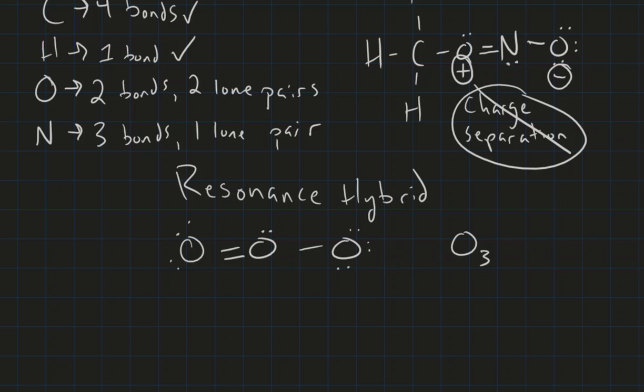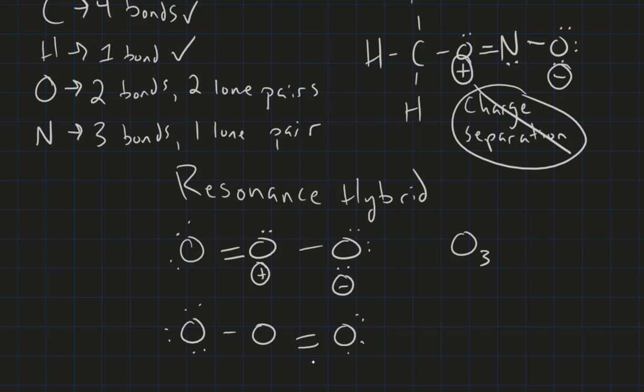It just can't. It's not in the capacity of oxygen. So this oxygen is going to have a positive charge, and this oxygen is going to have a negative charge. But what we can also see is that we can flip around these bonds. So this oxygen might have the double bond, and this oxygen might have the 3 lone pairs.